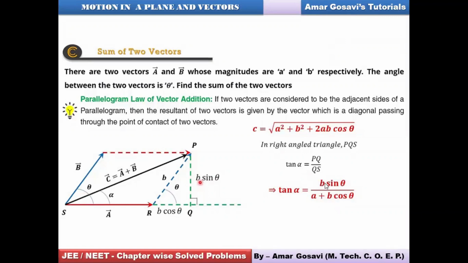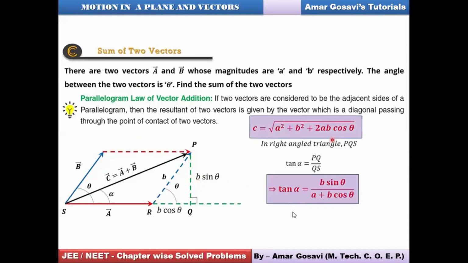Had it been in terms of P and Q, it would have been Q sine theta upon P plus Q cos theta. Yesterday we derived this. So you can see one equation gives me the magnitude, and this equation gives me the direction of the resultant.